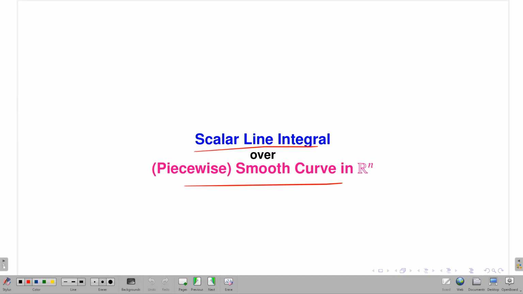Maybe I should talk about that in my next class. So, in this lecture I talked about the notions of curve, smooth curve, piecewise smooth curve, then the length of a smooth or piecewise smooth curve, and a couple of examples. Now I am in a position to talk about the notion of scalar line integral over a smooth curve or piecewise smooth curve.